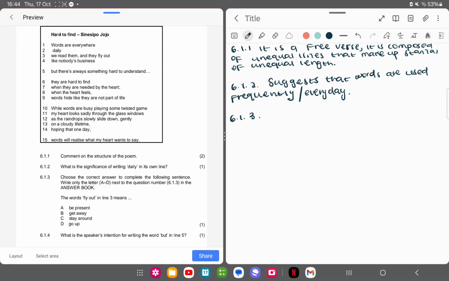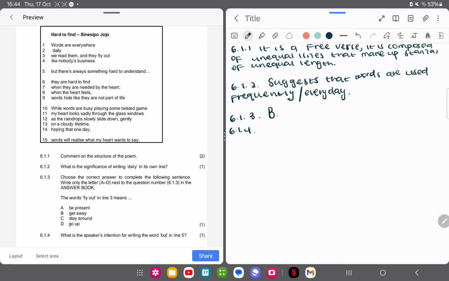The best way to answer a multiple choice question is to first eliminate answers that are clearly incorrect. In this case, we can see that answers A, C, and D are incorrect since they are not in tone with the words fly out. So we can say that B is the correct answer.